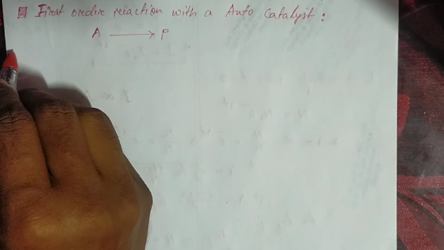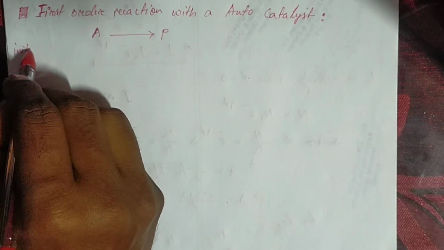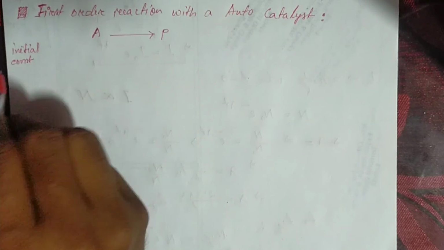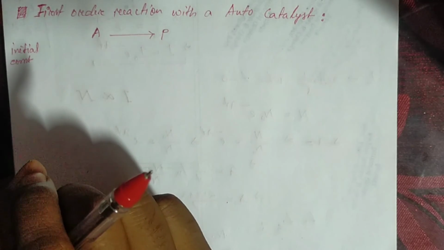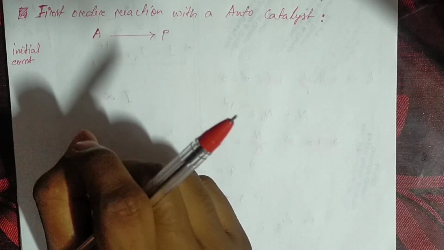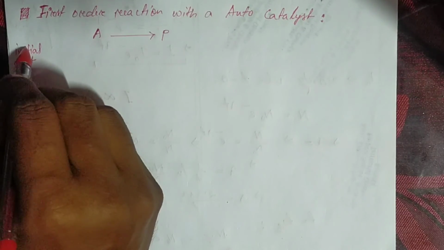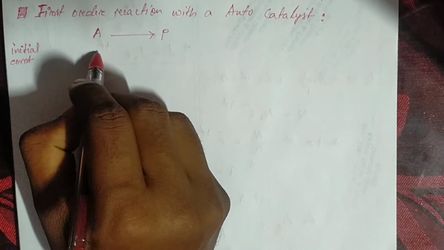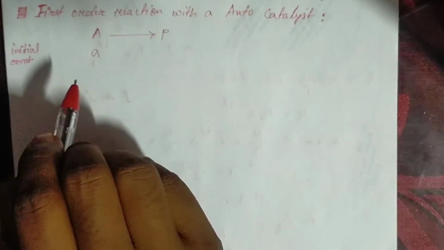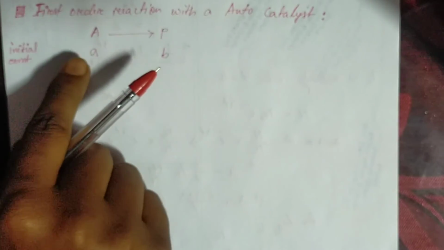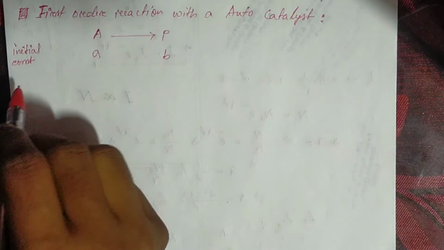Okay, so at the initial state, I am not saying that this is t equal to 0, I am just saying that this is the initial state, there will be a reactant and a product. Some amount of product will be there and some amount of reactant will be there.